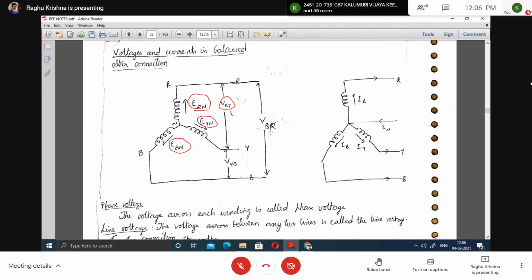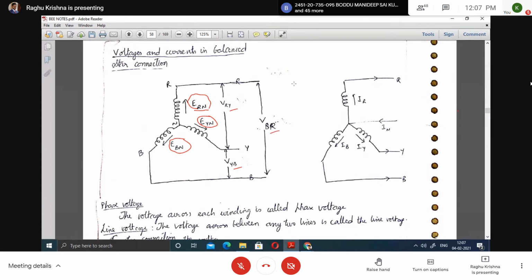Similarly, after VRY, we have VYB. VYB is the line voltage, and similarly VBR is the line voltage. So you have three phase voltages and three line voltages. VRY, VYB and VBR are the line voltages.